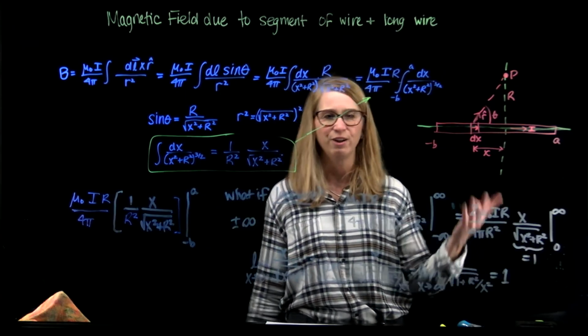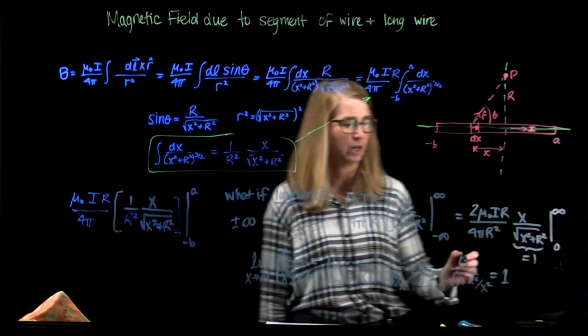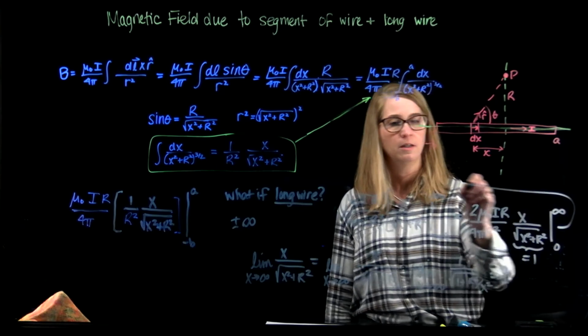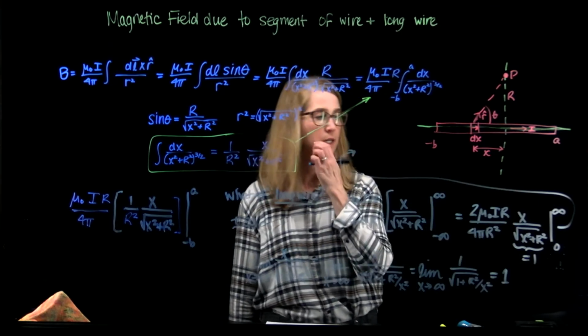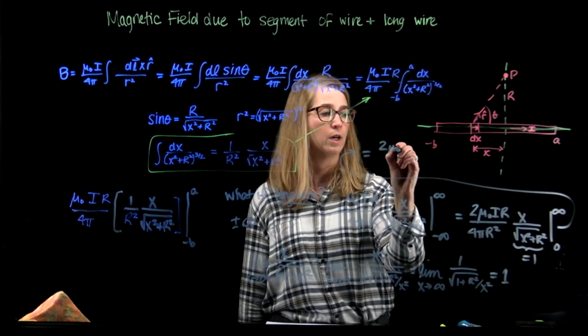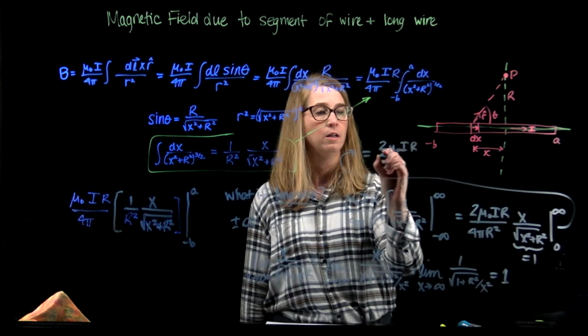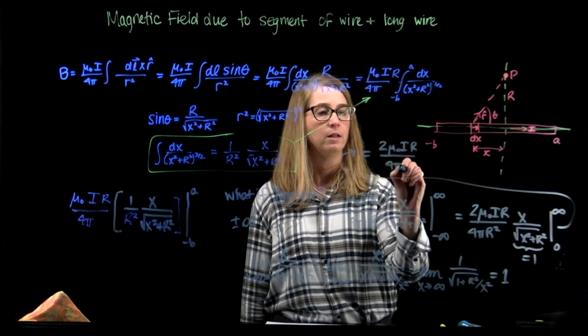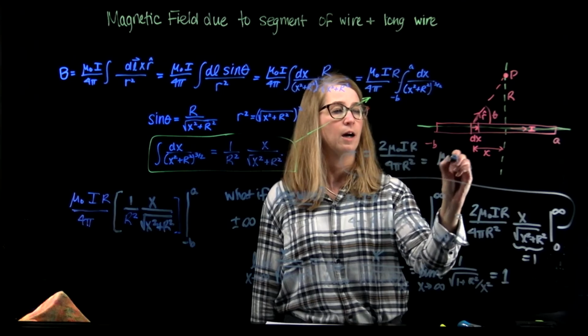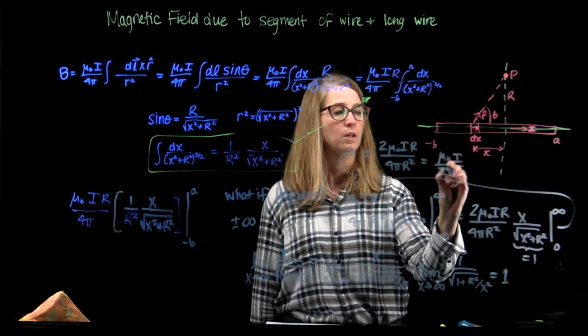And when I put in 0, I'm going to get 0. I'm running out of room here, so I'm going to take this and just write my answer up here. Finally, I get 2 mu naught I r over 4 pi r squared, which is mu naught I over 2 pi r.